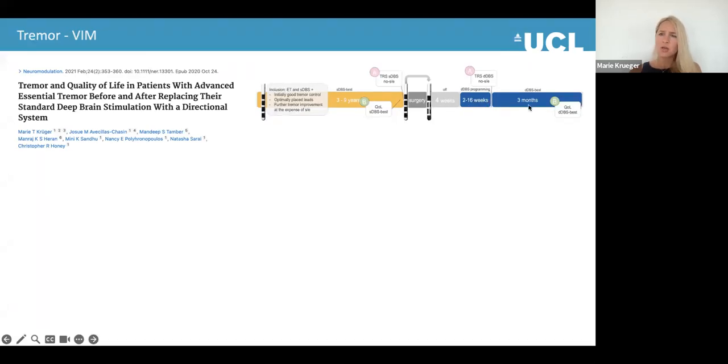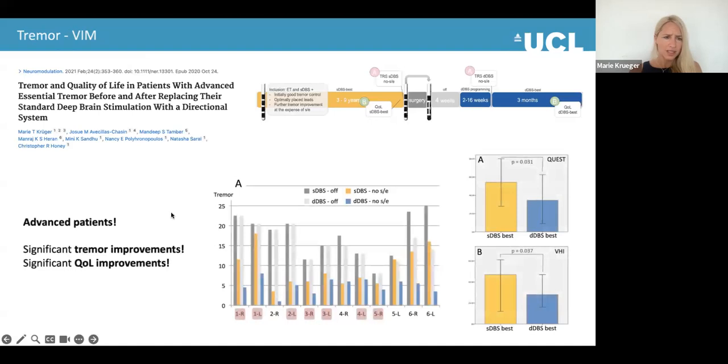Then after 3 months on the best setting, we did quality of life tests and compared them to the quality of life before. We also compared the tremor scores before to after we had put them on the directional settings. And these were the results. Just to remind you, these were advanced patients, not 3 months after surgery, but 3 or 9 years after the first surgery.